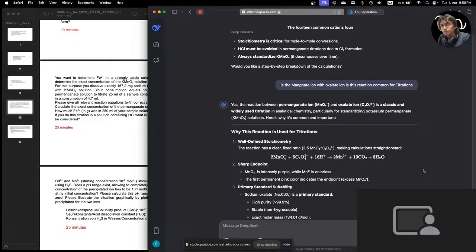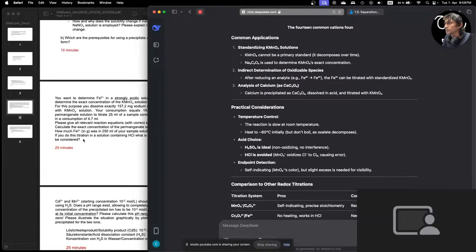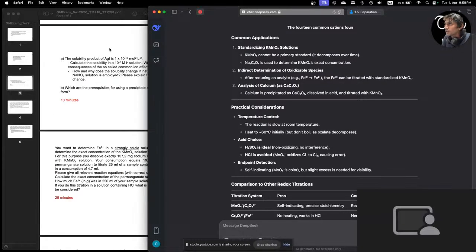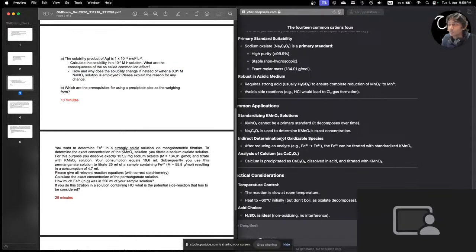So it should be good. I'm not being too cocky right now, but I think these two are pretty easy questions. But you know the theory part that you gotta know, right?